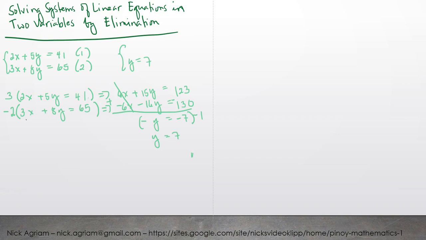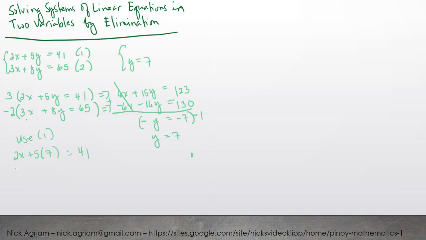So if I'm going to use the first equation, we have 2 times x plus 5 times 7 is equal to 41.